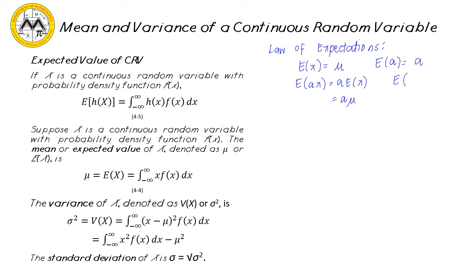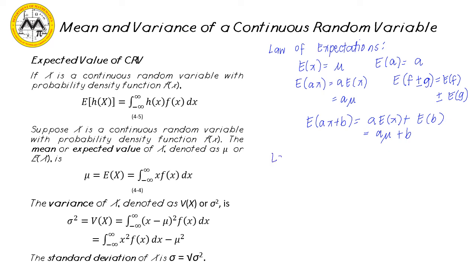While if we have the expected value of f plus or minus g, it is equal to the expected value of f plus or minus the expected value of g. So therefore, the expected value of ax plus b is a times the expected value of x plus the expected value of b, or a mu plus b.